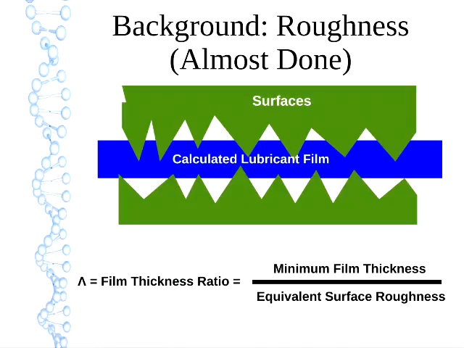This is calculated by squaring the roughness of both surfaces, adding them together, and then taking the square root. So the film thickness ratio really gives the ratio of lubricant film to surface roughness.